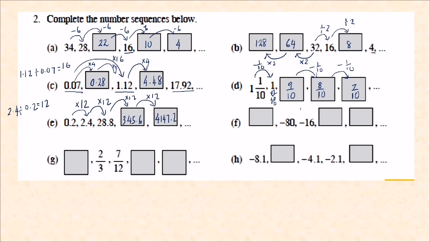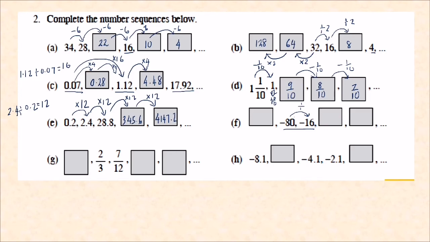Okay, so now we proceed to F. We look at these two numbers side by side: negative 80, negative 16. From negative 80 to negative 16, maybe the pattern is divide, right? Negative 80 divided by what will equal negative 16?